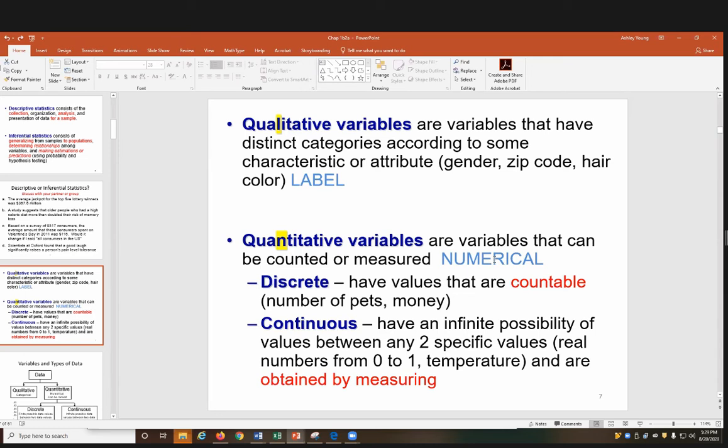I can have $1.04, and I can count that. It can be decimals as long as it's a fixed number of decimals. And then continuous is the other thing. So quantitative can be either discrete or continuous. Continuous, those are things that you measure. We're going to talk about that in just another second.